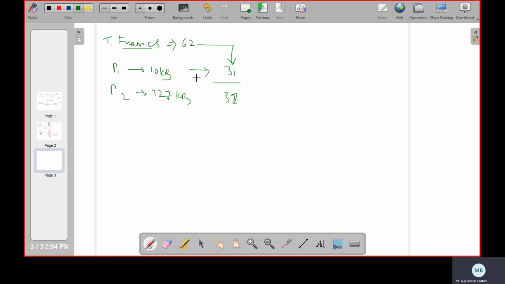But basically what we understood is P1 requires only 10 pages, so it is not justifiable to provide 31. Whereas P2 requires 127 pages, and it is not justifiable to allocate just 31 pages. That is the main problem here.